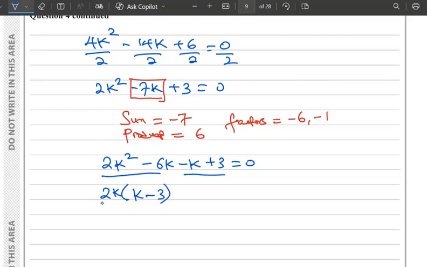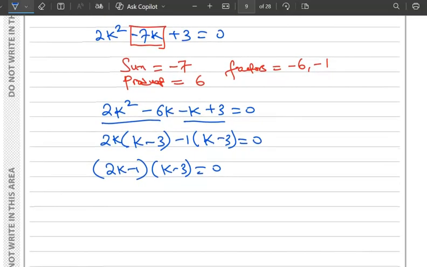Between negative k and positive 3, the common factor in this case is negative 1, which will give us k minus 3, and this equals 0. So this means that either 2k minus 1 or k minus 3 is equal to 0.